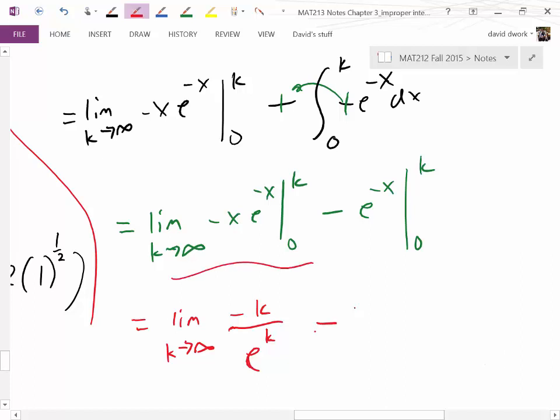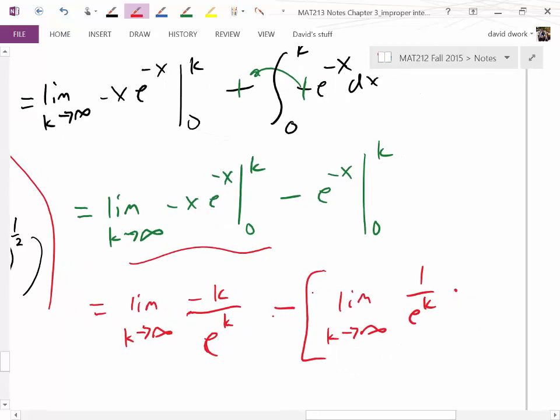So then minus, now taking care of our next part, the limit of k approaching infinity of e to the negative k, or that would be the same thing as 1 over e to the k, minus, yeah, minus e to the negative 0, but e to the 0 is 1.